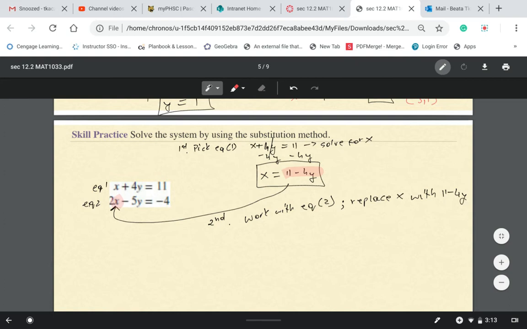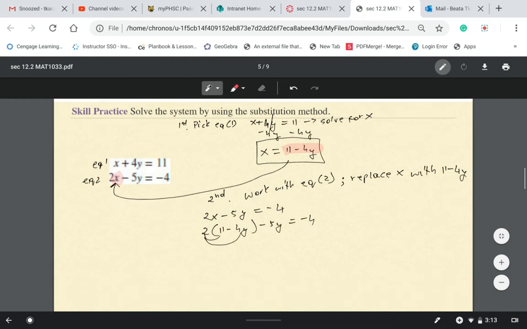Okay, so we have our second equation. It's 2x minus 5y equal negative 4. So we replace x with 11 minus 4y: 2(11 minus 4y) minus 5y equal negative 4. Distribute that 2 to both. So that will give you 22 minus 8y minus 5y equal negative 4. Combine like terms.